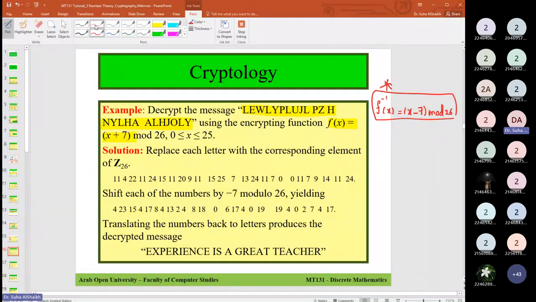Okay? So the first step, I have letters. Each letter I'm going to change into a number. So those are the numbers that we have. The second step, I'm going to subtract 7. We will keep on subtracting 7. If you subtract 7 from 11, this is 4. Now the 4, let's see the 4. If we subtract 7 from the 4, what will be the result? The result is minus 3.